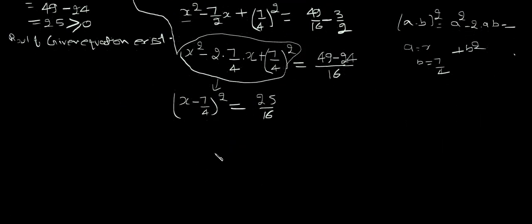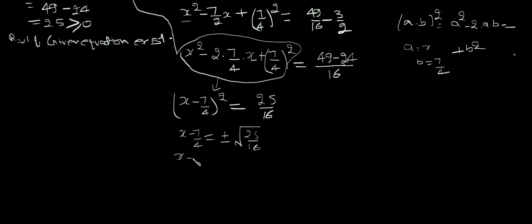Okay, I will take the square root on both sides of this equation, so I will get x minus 7 by 4 is equal to plus minus square root of 25 by 16.